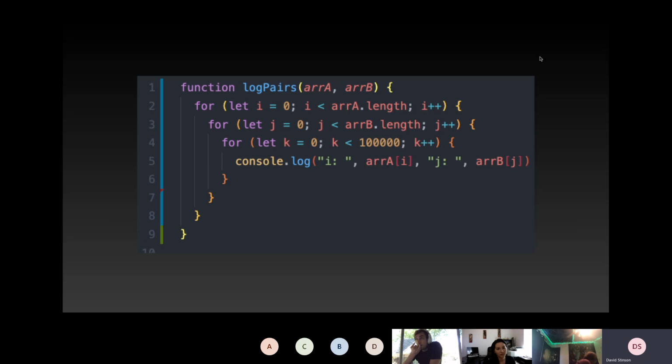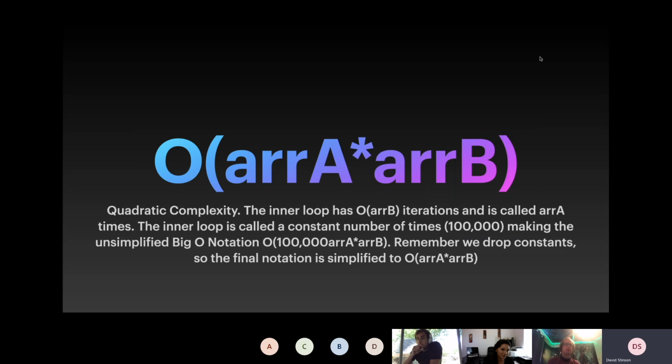That's what we're trying to measure with Big O: as the size of our inputs grow, array A and array B, how does the performance change? So since it's a constant, we drop it.